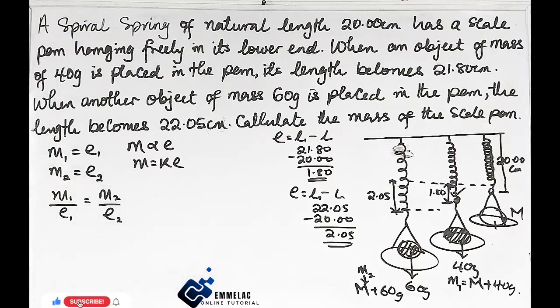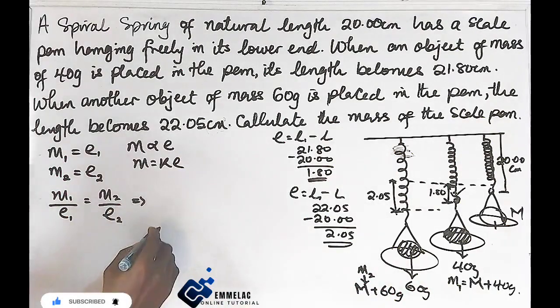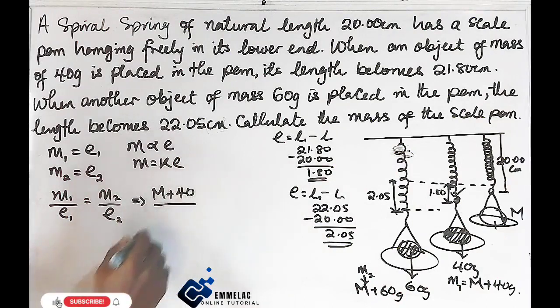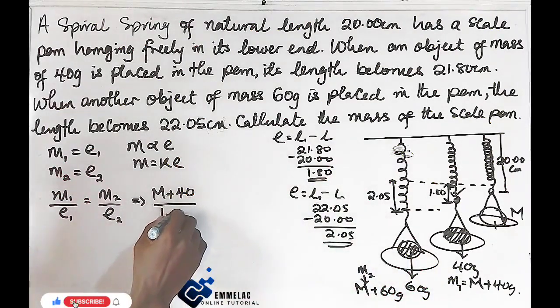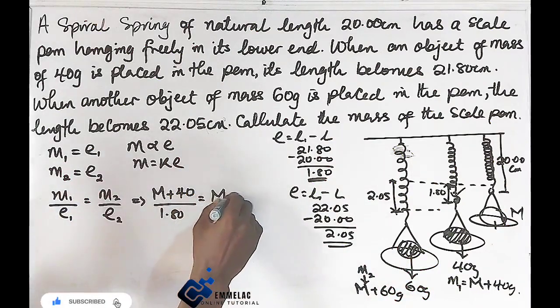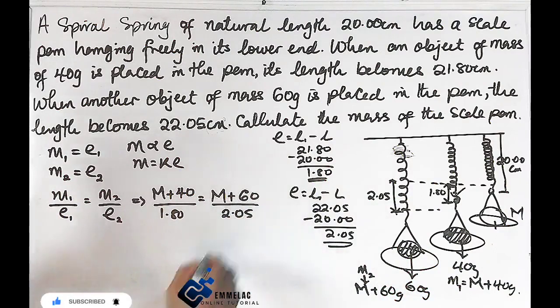Now if this is true, we can plug in these parameters. For M1, you can say this is capital M, that is the mass of the pan, plus 40, all over the extension here, 1.80, equals capital M plus 60 all over 2.05.